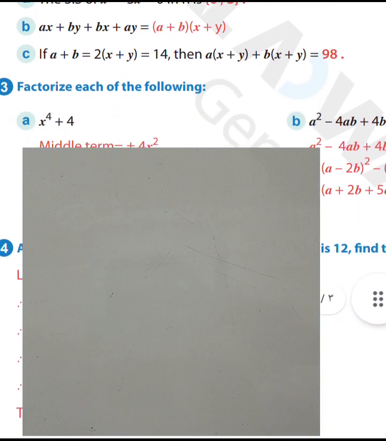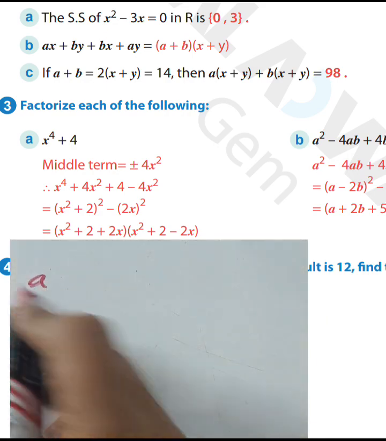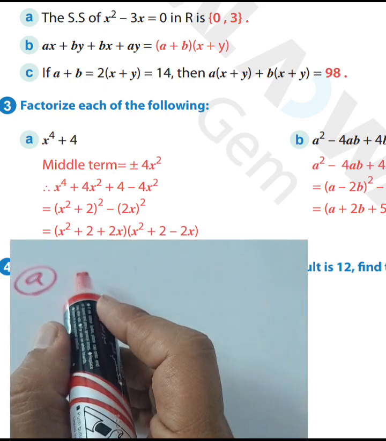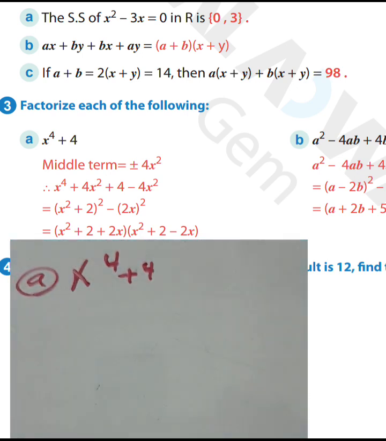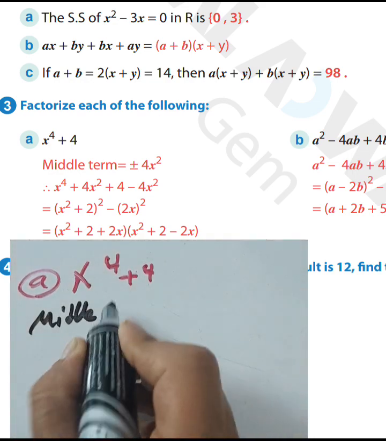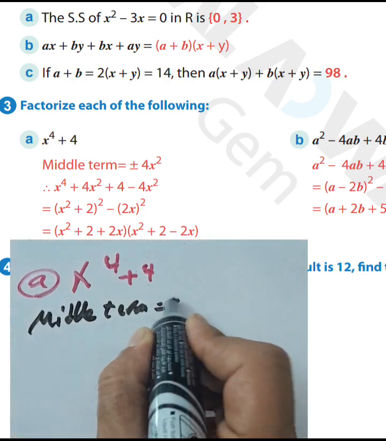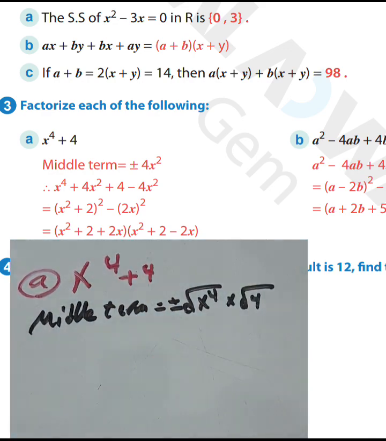Next question. Factorize this example. Letter E: x power 4 plus 4. First step, we can find the middle term. The middle term is, positive or negative, the square root of the first multiplied by the square root of the second.